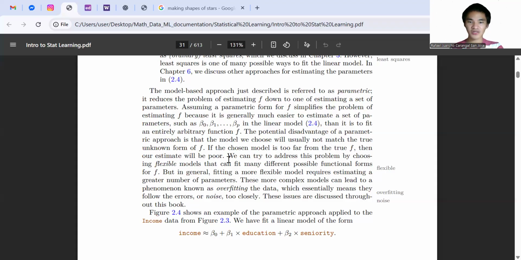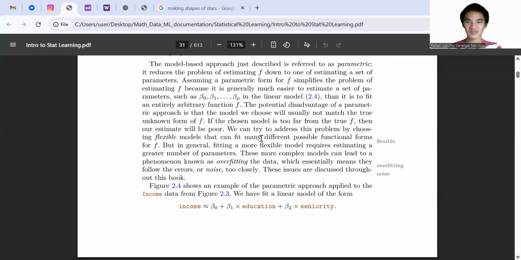These models can fit many different possible functional forms for f. But in a general sense, fitting a more flexible model has a consequence: we want to estimate more parameters. And these more complex models can lead to a phenomenon known as overfitting the data. When we say overfitting, we mean they follow the errors or noise too closely.